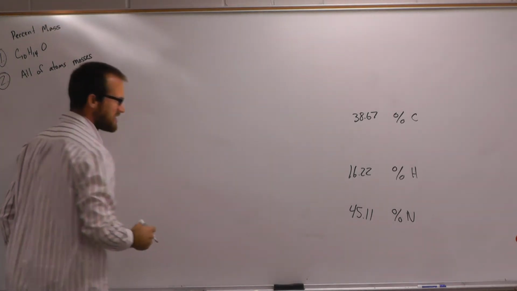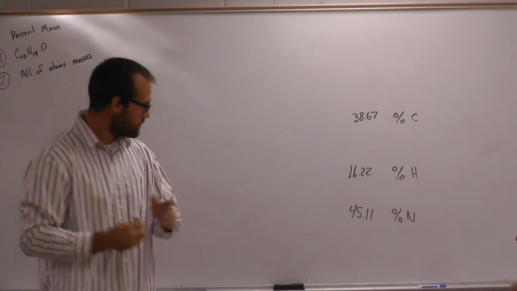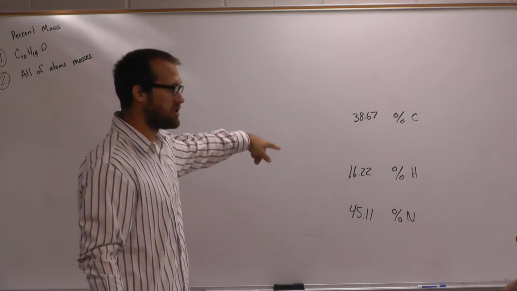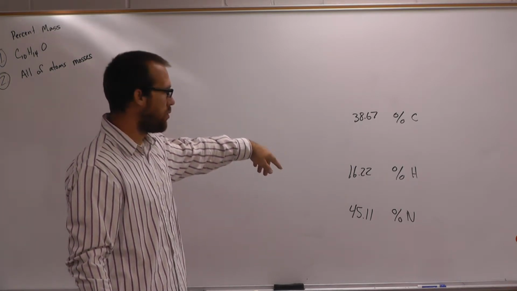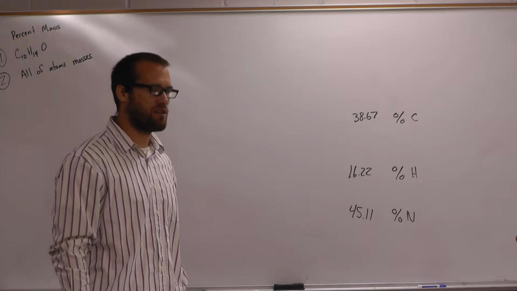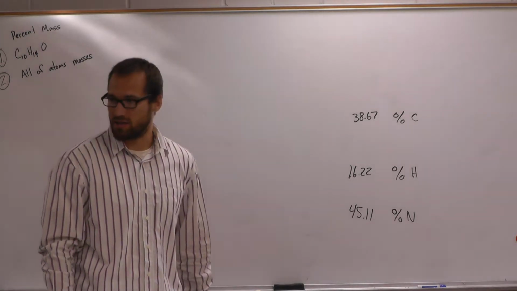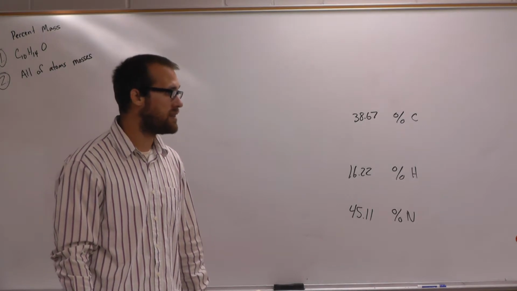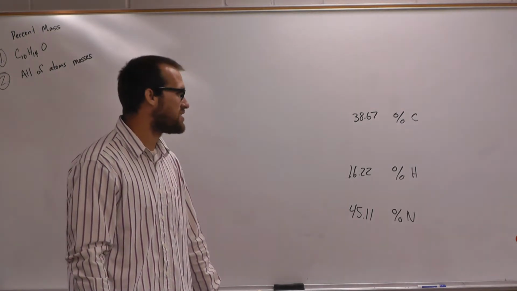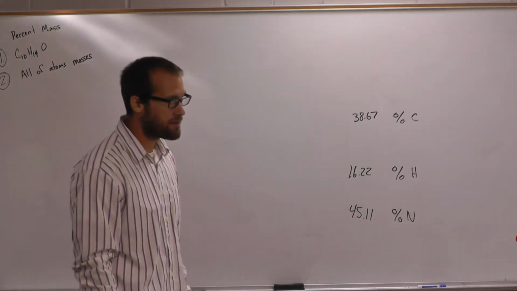Let's start with this. Now, this is the percent mass relationship between all of this. Would the ratio be the same if I had 100 grams, if I had 1 gram, if I had 0.0001 gram? Would it still be the same ratio of all of these? Yeah. So which one would be the easiest to assume this is out of? 100.